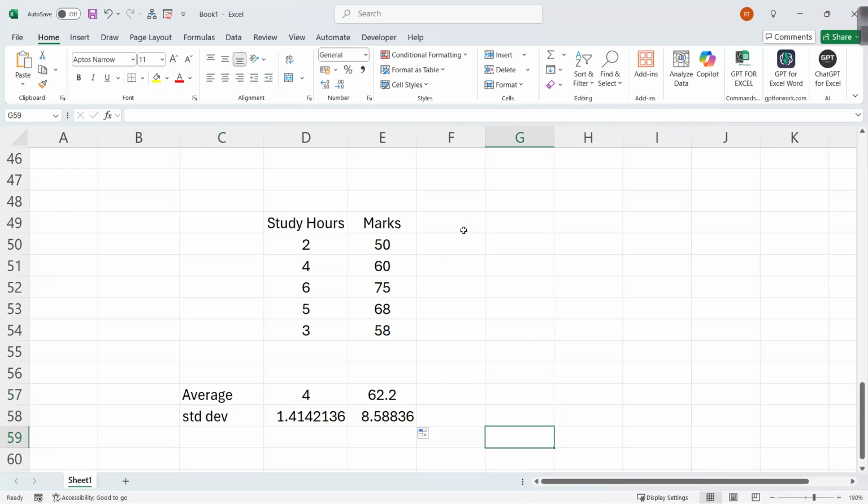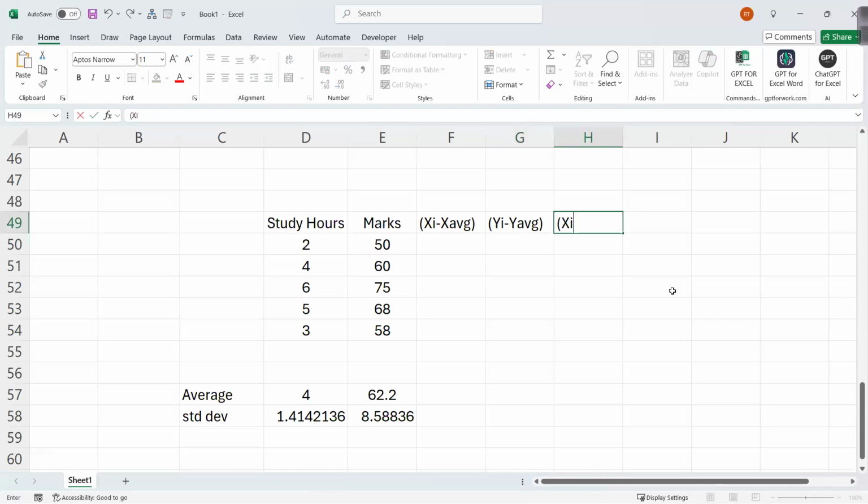First of all, covariance. Xi minus X average, Yi minus Y average, and then I want to multiply them.